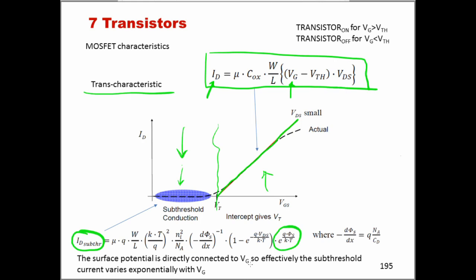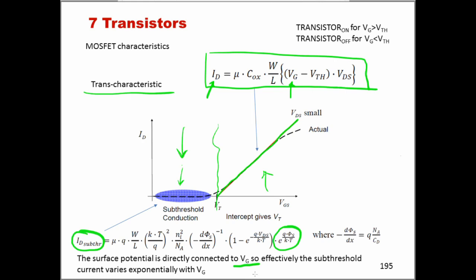And we should remember that the surface potential is driven effectively in our MOS stack by VG, as we've said many times. So what happens to the surface potential in the channel is effectively driven by VG. This means that this exponential dependence of the sub-threshold current on Vs can be effectively seen as an exponential dependence on Vg.